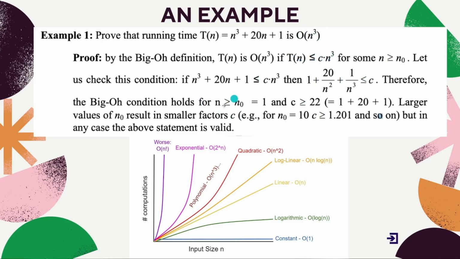And then in order to prove that further, we divide the entire left hand side by n cube in order to get this. And in that big O notation we have an assumption that n is greater than n naught, which is equivalent to 1, and we have set up a value c which is greater than or equal to 22.